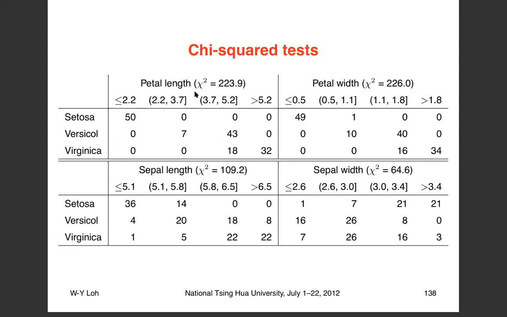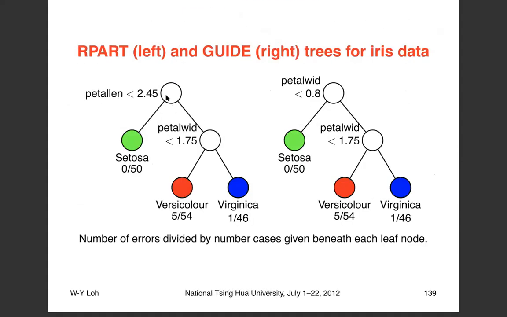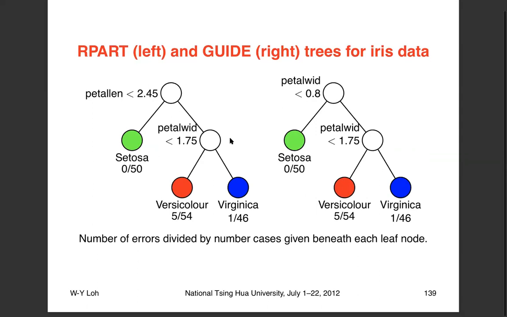In this example, you don't need to do the Wilson-Hilferty transformation, because all 4 contingency tables have the same degrees of freedom. So you can directly rank them. From here, you can see that petal length and petal width have very large chi-square values, suggesting that these two will be useful for discrimination, compared to, say, sepal width. So you can see that you have splits like that. I just wanted to show you that.